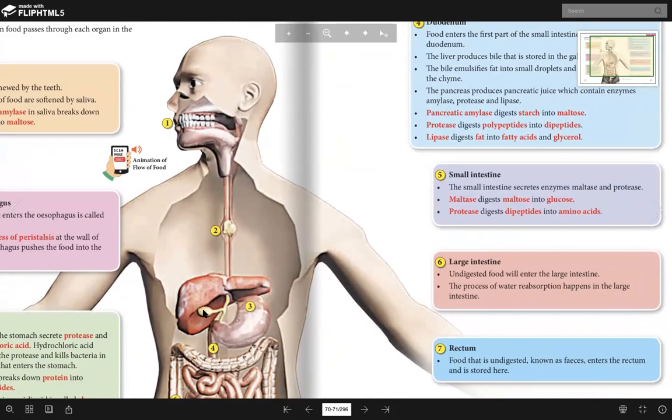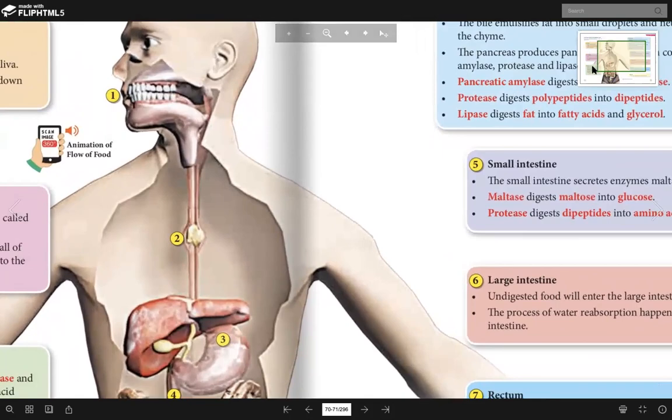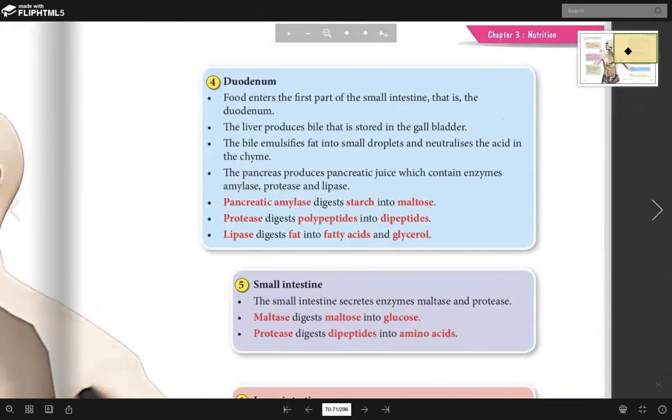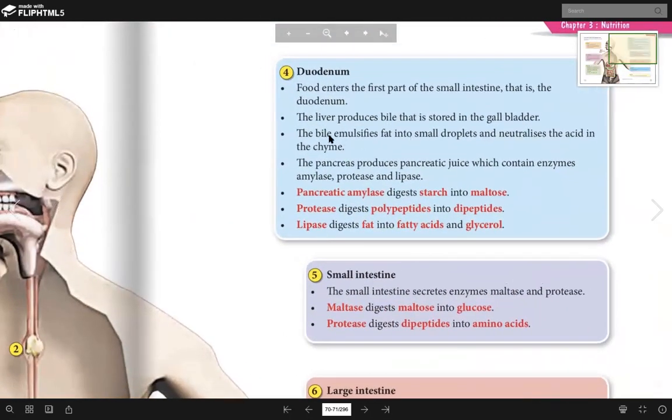Once it is full, the gallbladder will send the bile to the duodenum. So what will happen? Look here, let's make it bigger. Once the bile arrives at the duodenum, the bile will emulsify fat into small droplets.